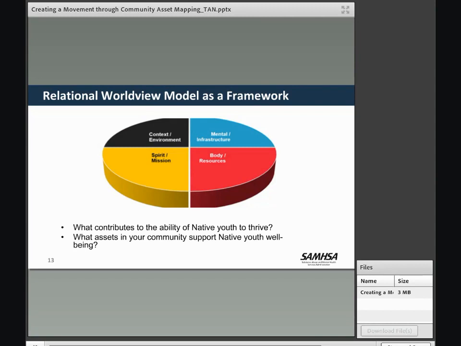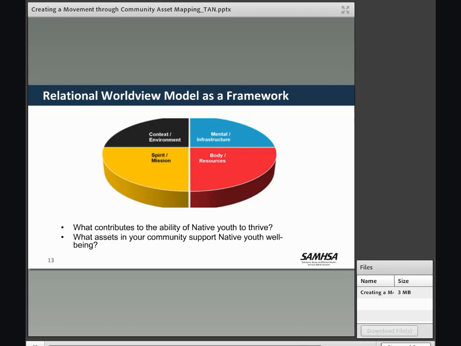So the framework that we use at NICWA with our community development work, and also the framework that's used for this community asset mapping tool, is the Relational Worldview model. We use this model to adapt the community asset mapping tools for use in tribal communities. The Relational Worldview model provides an indigenous context for well-being, based on traditional teachings from many different indigenous communities.